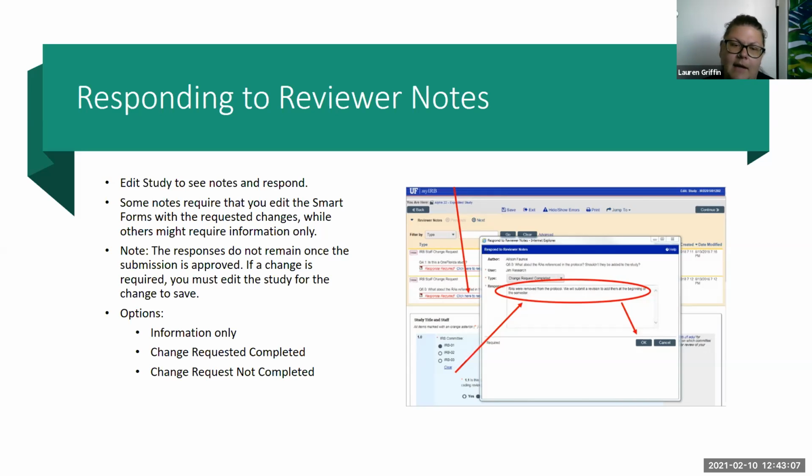This is in case you need to make another revision, rather than needing to dig back and figure out what specifically is changed and what you're doing now. The reviewer can just look at the smart forms and it'll have all the most accurate, up-to-date information. So please make sure that if there's big changes, you actually make them in the smart form or in the documents.